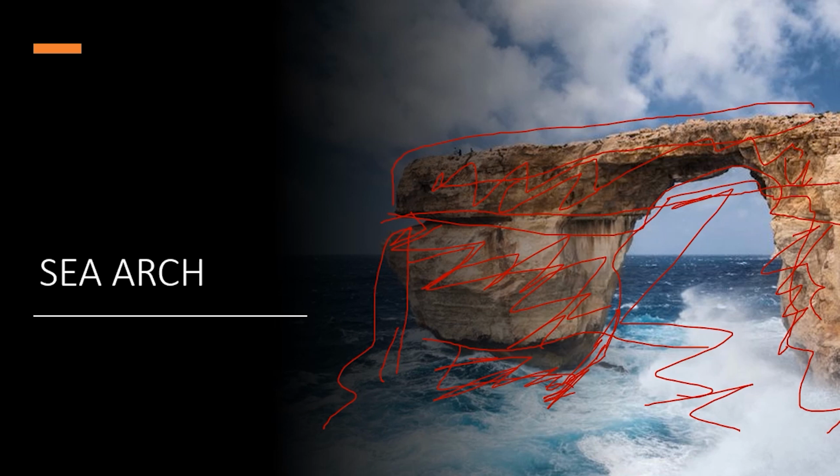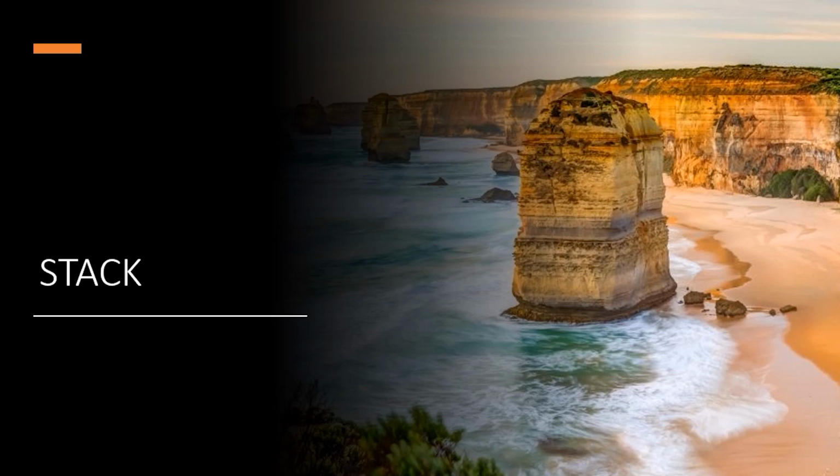Okay, let's move on. The stack, or in Thai we call Got Hin Dong. It is like a small island. Small islands occur around. So why does it look like this? It's because the water or the waves were able to erode and loosen up and destroy the structure of the rocks, and it falls down and leaves over this structure.